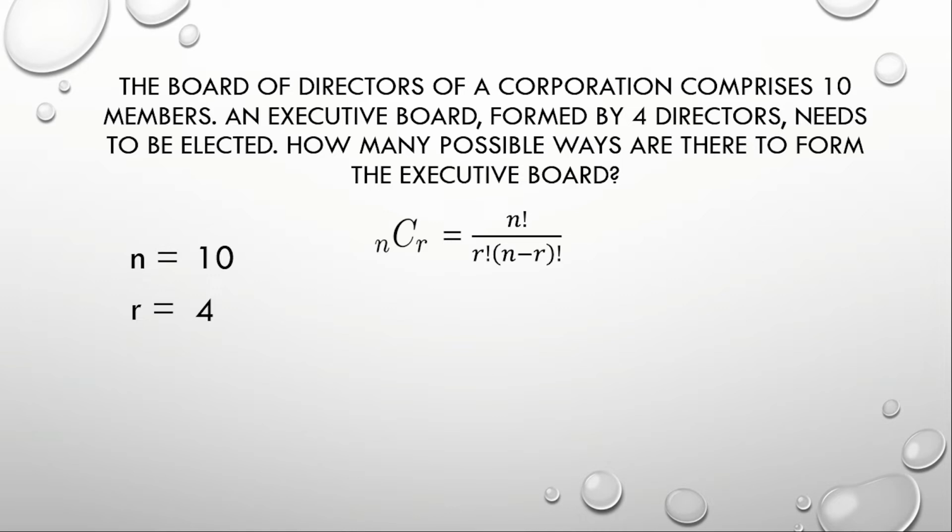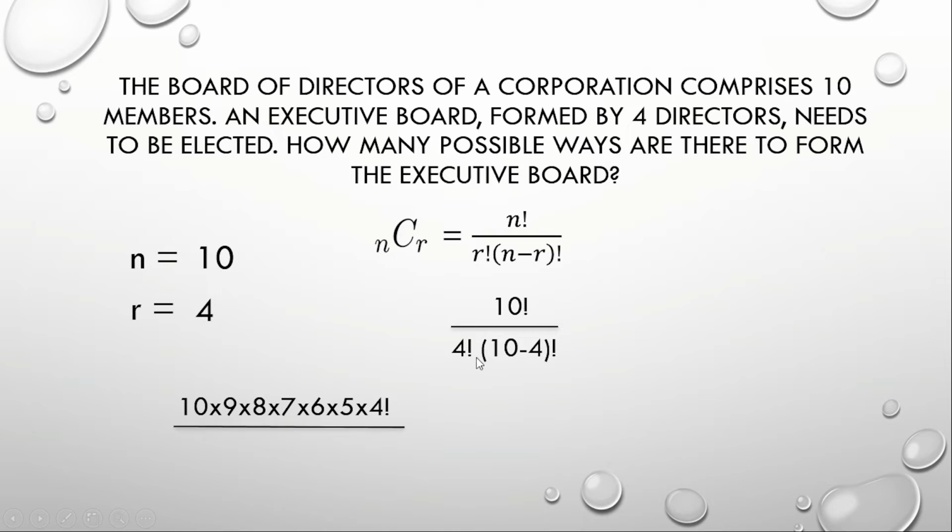By using substitution, we substitute the values of n and r in our formula. So we have 10 factorial all over 4 factorial multiplied by 10 minus 4 factorial. By expanding using factorial notation, we have 10 times 9 times 8 times 7 times 6 times 5 times 4 factorial. We end at 4 factorial since we have 4 factorial in our denominator.